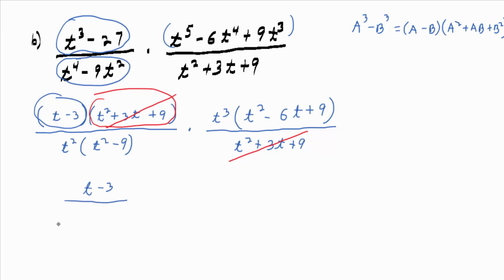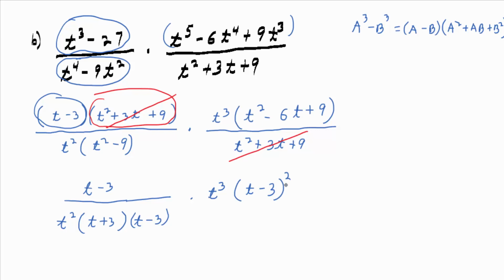But then the left-hand denominator, how does t squared minus 9 factor? t plus 3, t minus 3. And then in the right-hand numerator, we have a t cubed. And then how does t squared minus 6t plus 9 factor? Yeah, it's t minus 3 twice, or t minus 3 quantity squared.